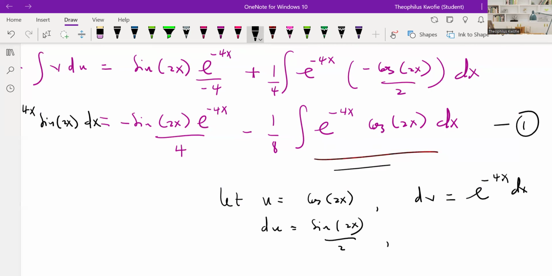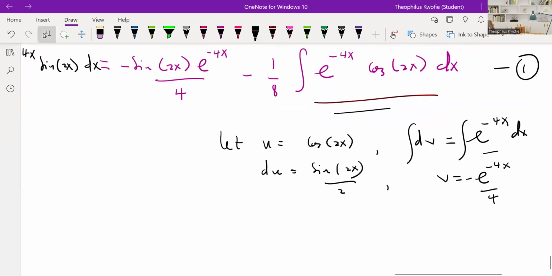Good. All right, now we take the integral on both sides. When you take the integral of this, we should have minus e to the power minus 4x on 4, okay? So we still have to apply the same formula, which is this.